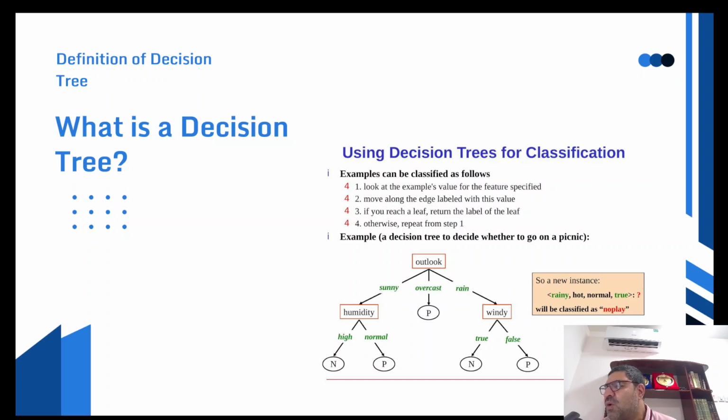So this is, I would say, an appropriate example with which decision trees can do the classification, and we are reaching a conclusion. These nodes which you see where N and P is written, these are the leaf nodes, which are giving us the ultimate decision.